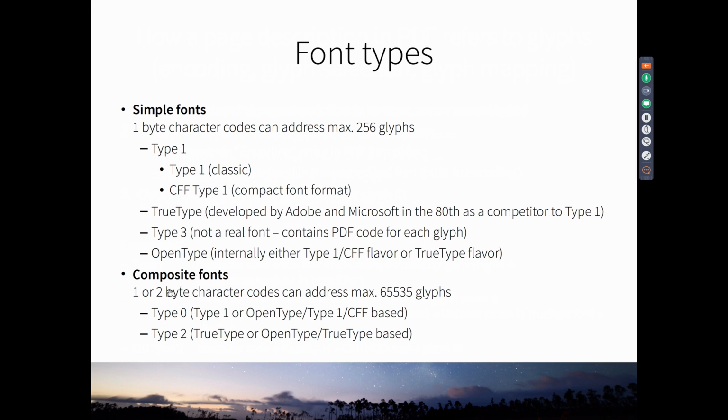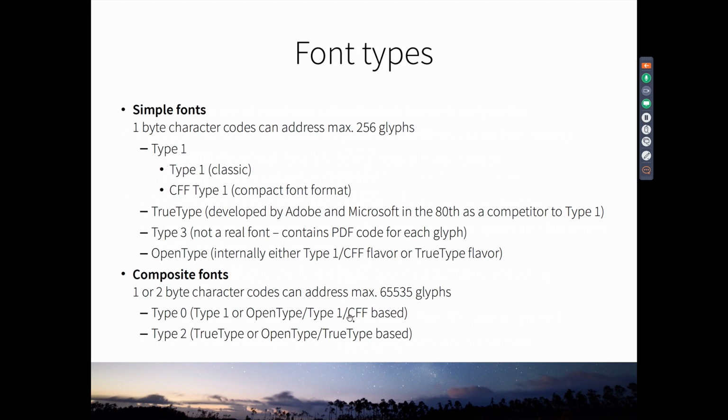And then we have composite fonts. Here you could have more than just 1 byte, and then you can have more than 60,000 glyphs. Such a composite font is either a type 0 or a type 2 font. A type 0 basically means inside it is type 1 or CFF or whatever.